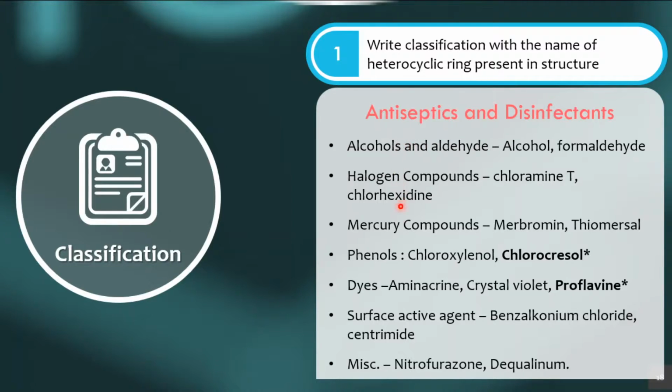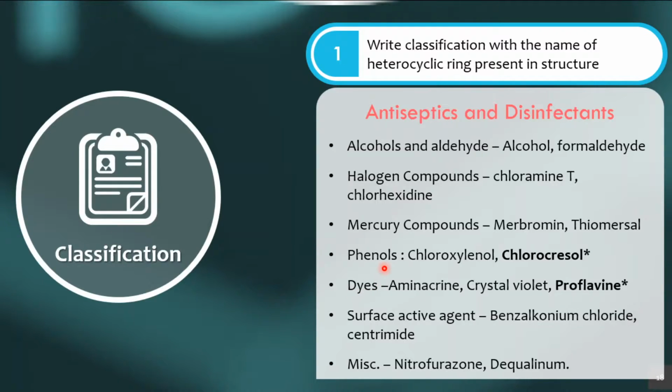You have to write down the classification as per their chemical classes, along with that, you have to make a special mark on the name of the drug which is given in your syllabus. For example, chlorocresol. It has the asterisk mark and it is grouped under phenol. The second drug is proflavin. It is grouped under dyes.